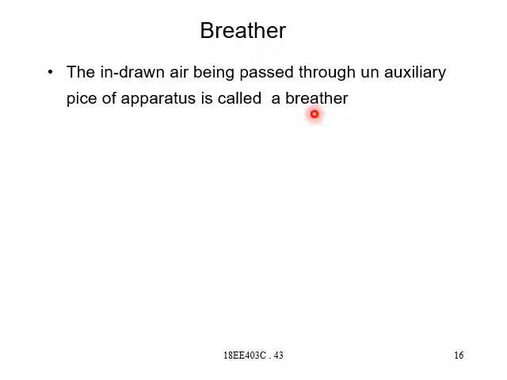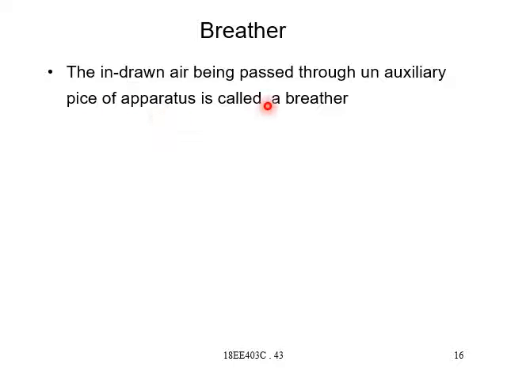The air which is drawn from the atmosphere, that is called indrawn air, is passed through an auxiliary piece, which is actually silica gel, contained in an apparatus like a glass tube, a cylindrical structure.